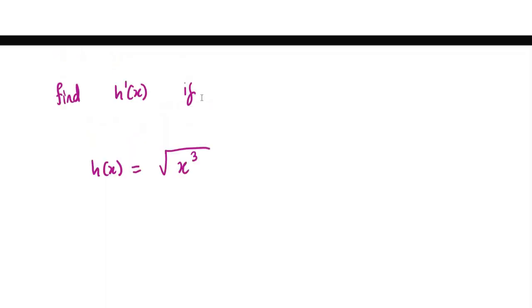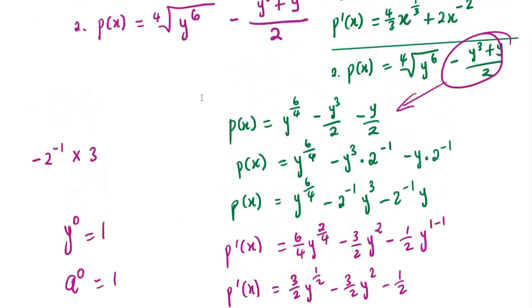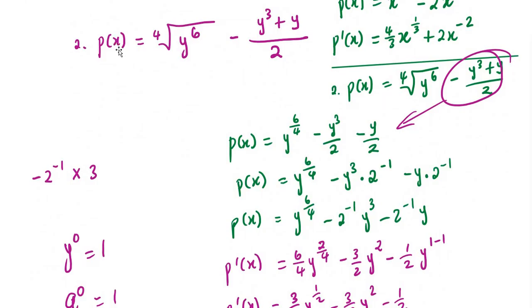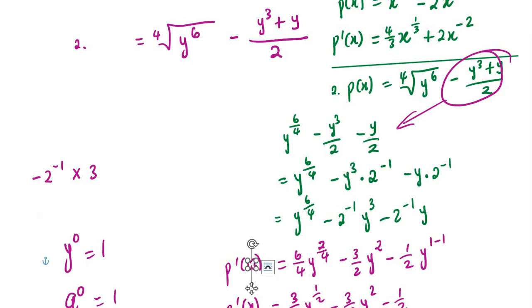Oh, by the way, I think here I had made a mistake. I was not supposed to put p of x, okay? So sorry for that. I was hoping you would just shout that out to me. I was not supposed to put p of x because the variable we're working with is y.